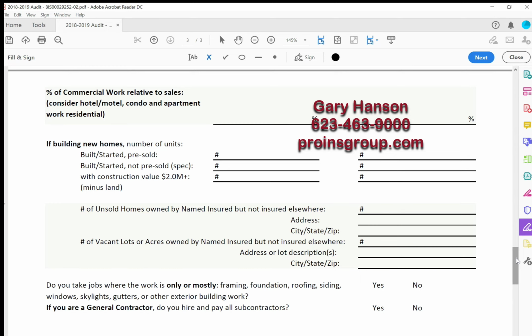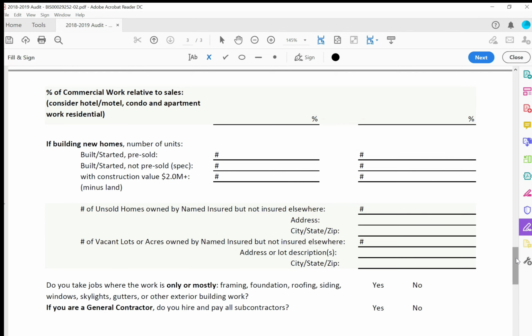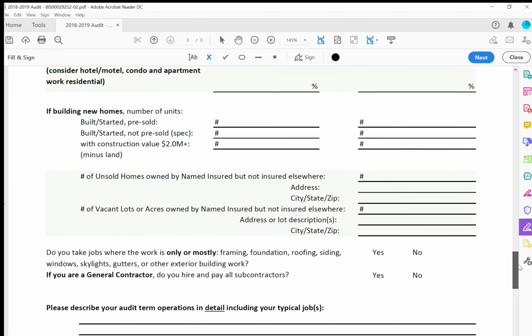That's all fine, but you need to make sure that your general liability policy is covering you for that work. So it is important to take the time and go through this. This isn't to catch you up or cancel your policy. It's just to make sure that during the course of the year, the work that you're doing is actually covered under your general liability policy.